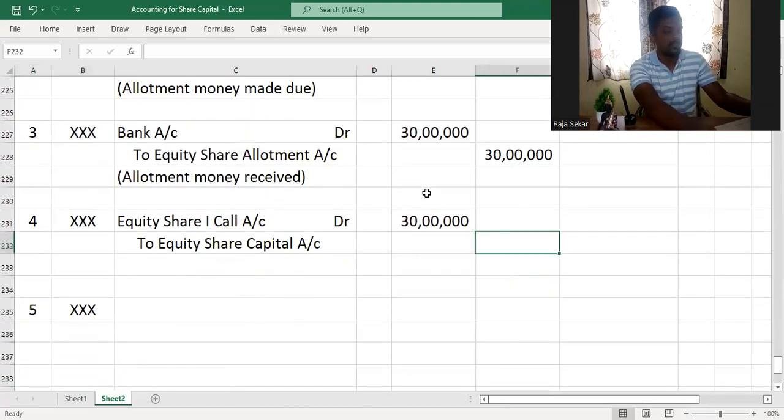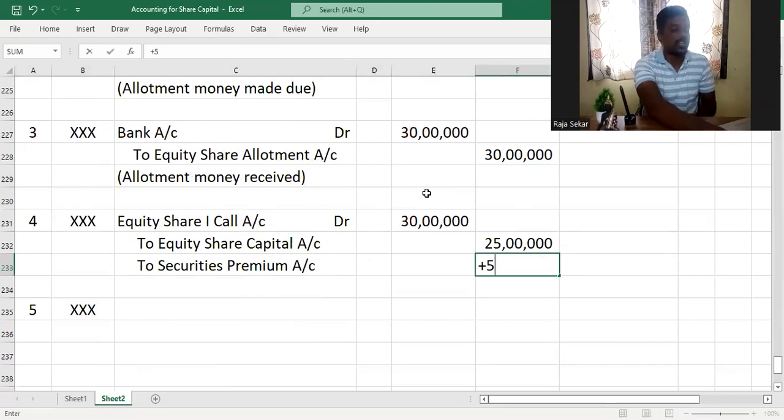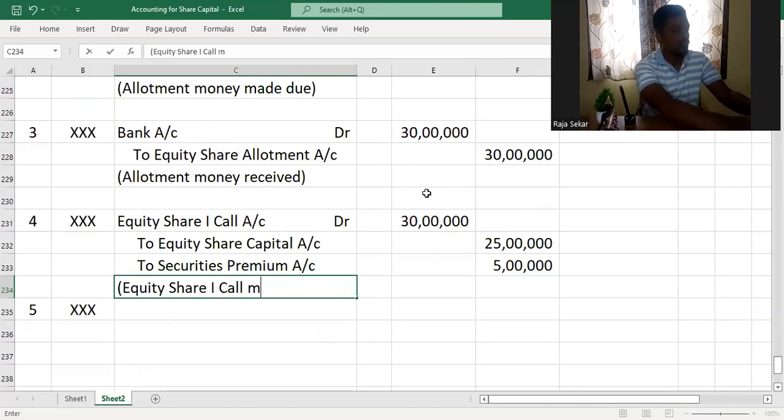Understood or not, my dear children? That is capital portion and the first call money. So that will be 25 into 1 lakh, 25 lakhs will be credited to share capital account, and the remaining 5 lakhs will be credited to securities premium account as 5 rupees per share is securities premium. 5 lakh. Equity share first call made due.